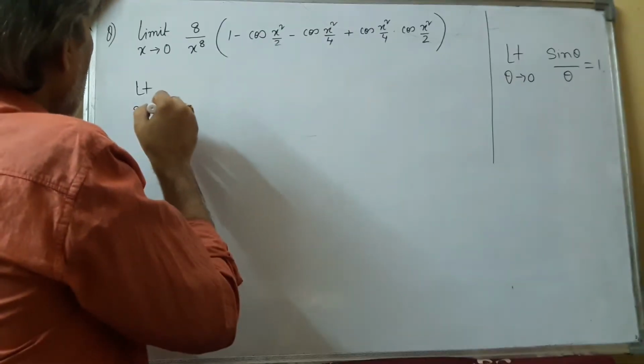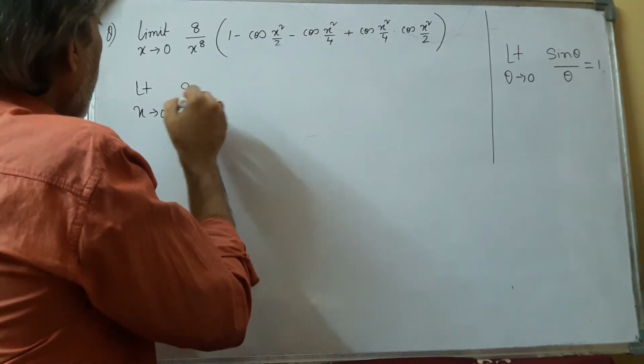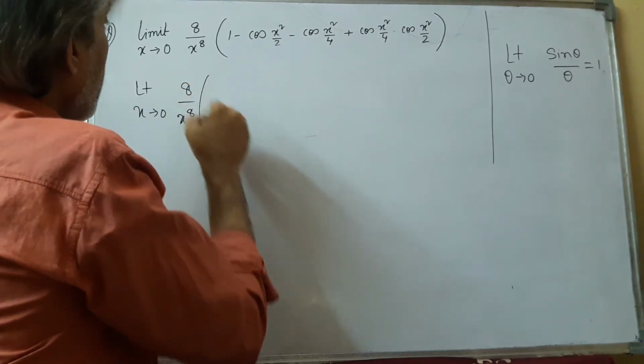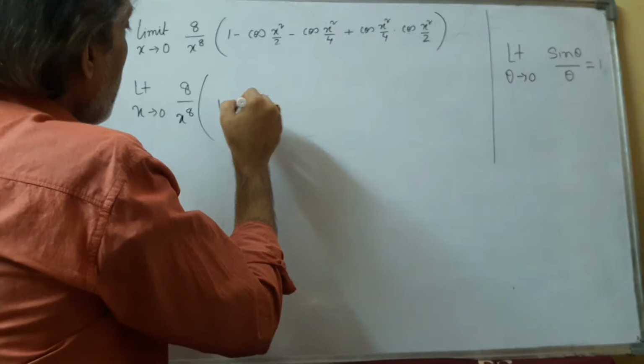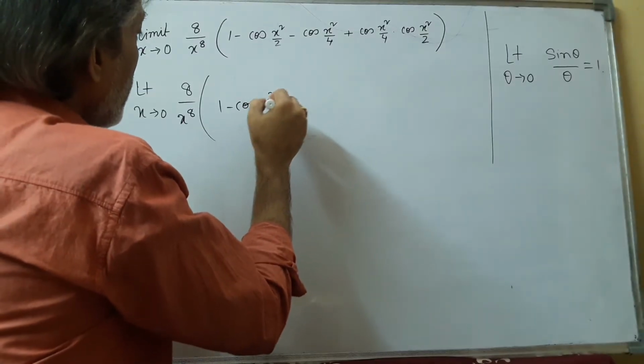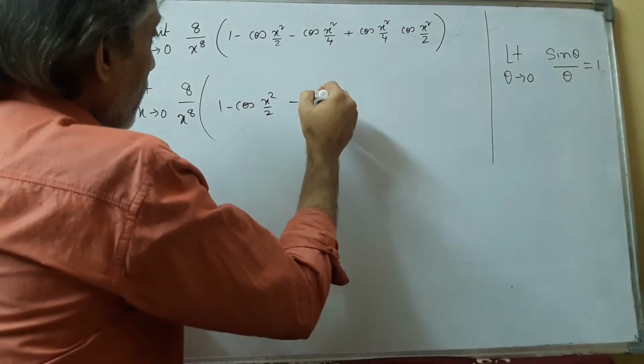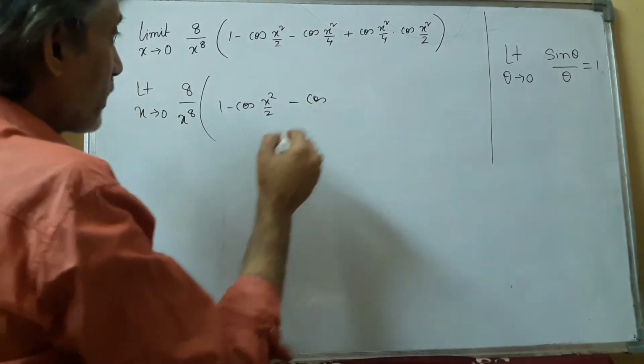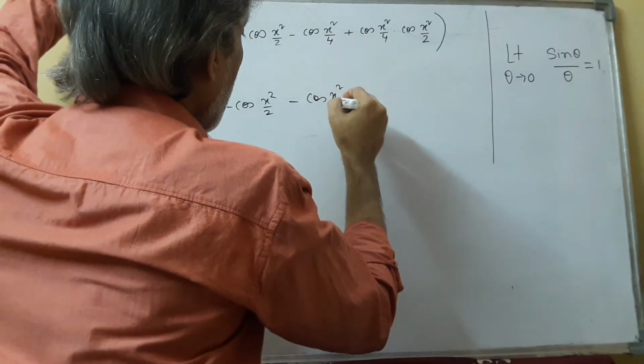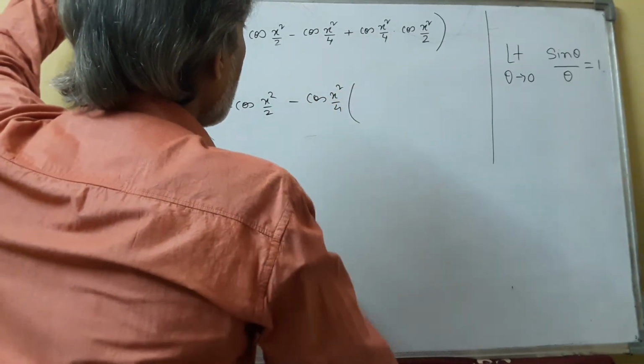Limit x approaching to 0, 8 upon x raised to the power 8. Factorize this, 1 minus cos x square upon 2. Here cos x square upon 4 can be taken as common.